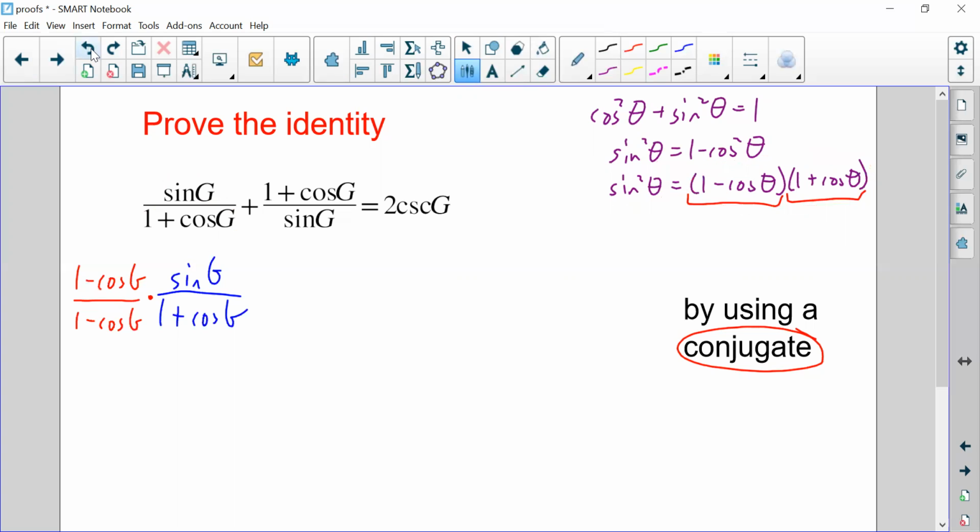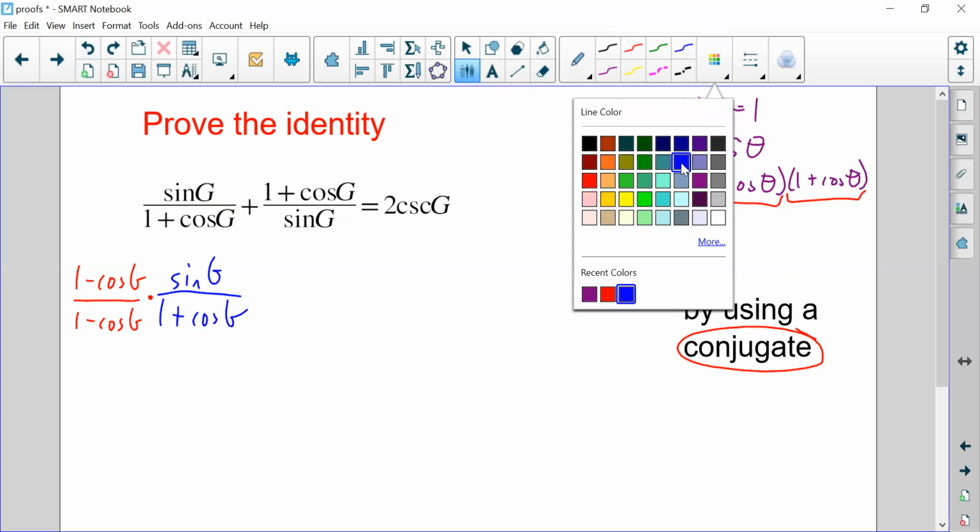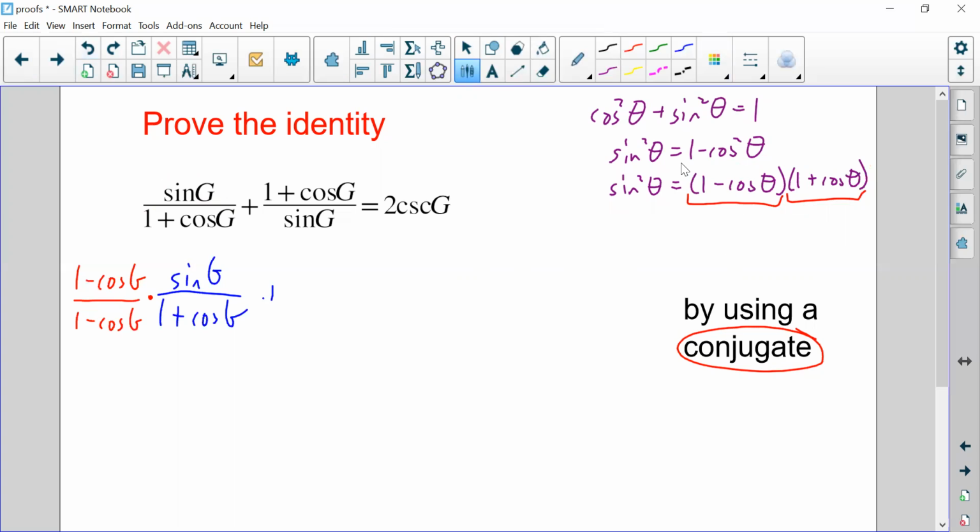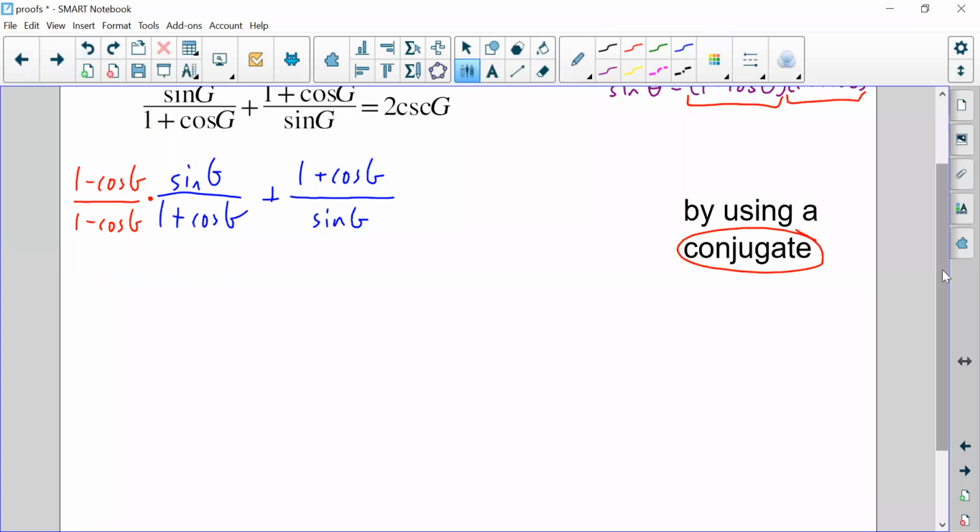Let me clean it up a little bit. First of all, remember, I'm the lawyer. You're a lawyer. We have to be clear because we don't want the reader to be thinking, what happened to this fraction? So you have to continue writing it. In the numerator, I've got 1 minus cosine g times the sine of g over 1 minus cosine squared of g.